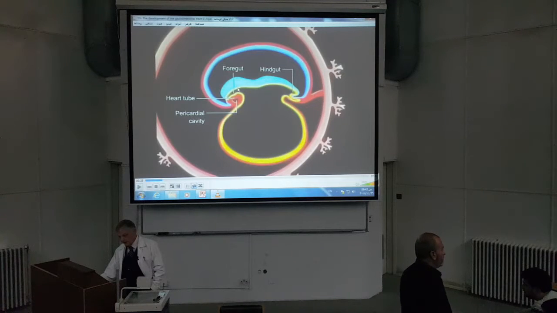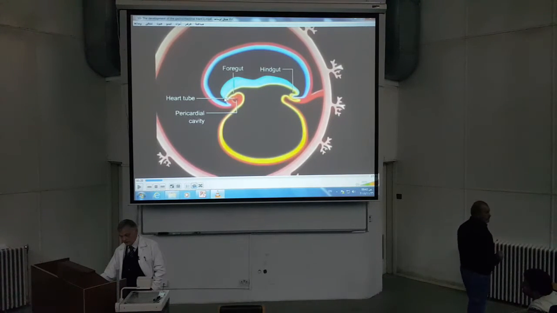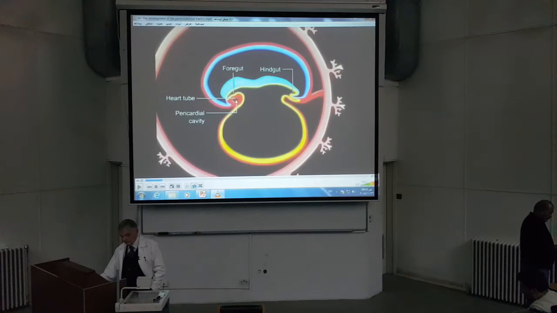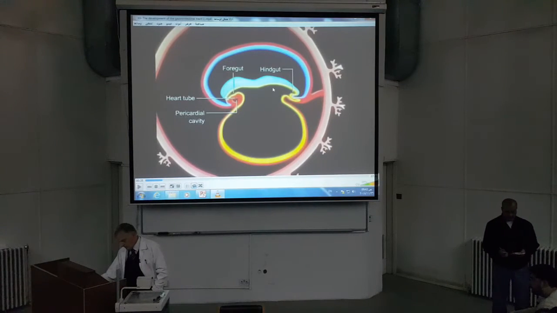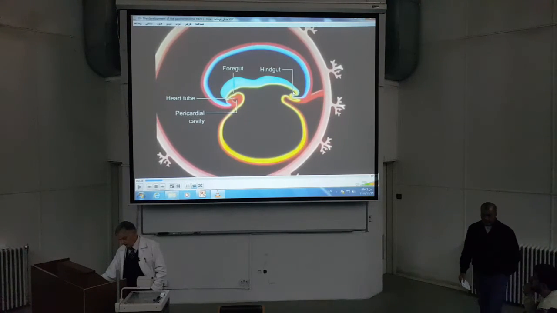The beginning of this structure is called the foregut, and here is the mouth, and here is the heart, and this is going to be the gastrointestinal tract, and this is the hindgut, the last part of the GIT at this end.